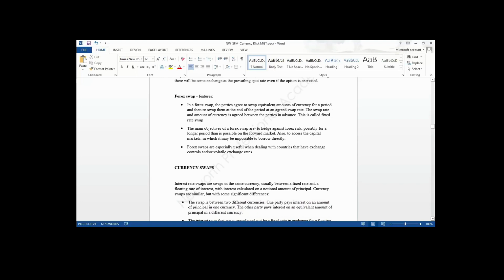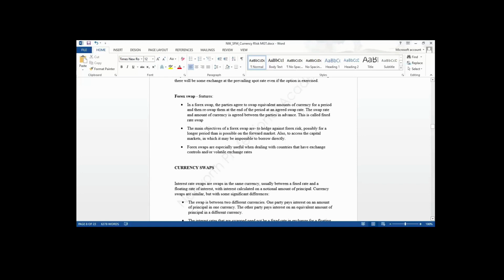Currency swap is an agreement between two counterparties to swap the principal amount of loan and interest in one currency for another principal amount of loan and interest in another currency.